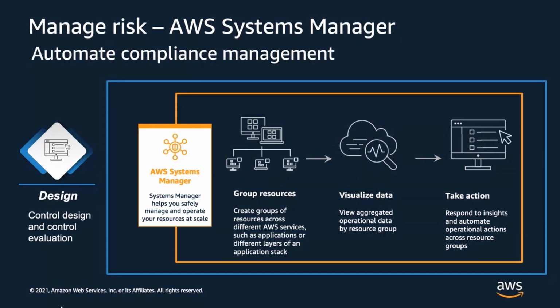It then provides you with rich visualization that helps simplify operations. Lastly, it allows you to take action on those resources by providing tools to automate workflows and EC2 instance management. But it also plays an important role in enabling compliance and monitoring within AWS.